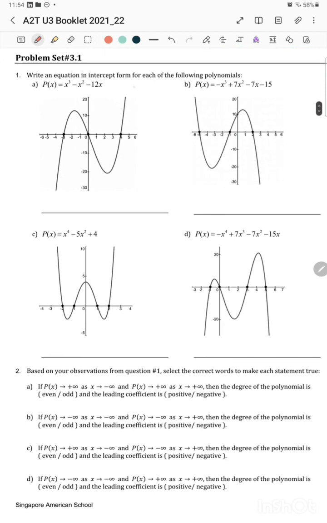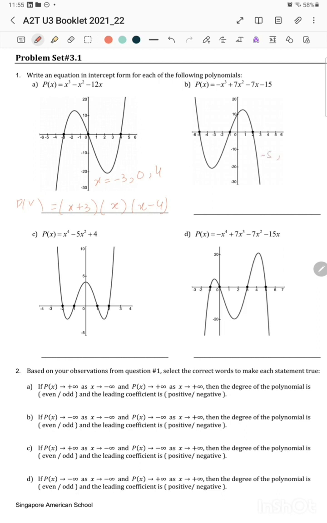Write an equation in intercept form for each of the following polynomials. With zeros -3, 0, 4: x plus 3, x plus 0, x minus 0, x minus 4, which is equal to p of x.